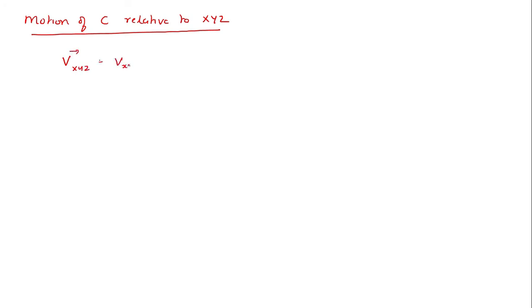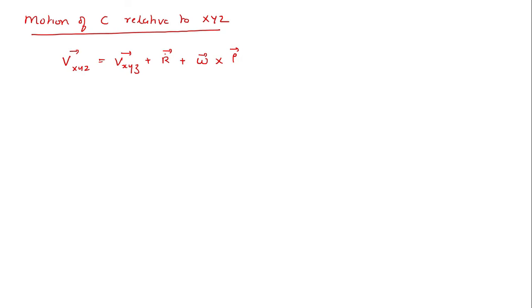Now the next step is the motion of C relative to capital XYZ. Here we apply the equations which we have studied. V capital XYZ is equal to V small xyz plus R dot plus omega cross rho vector. Now let's look into each of these terms.